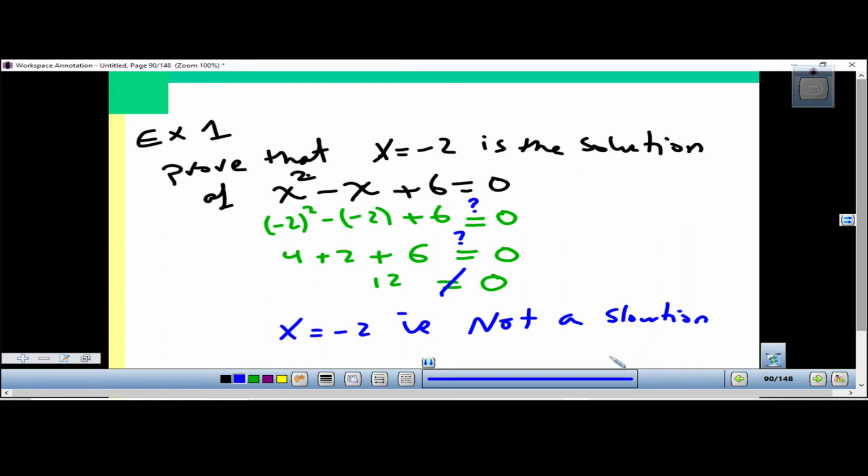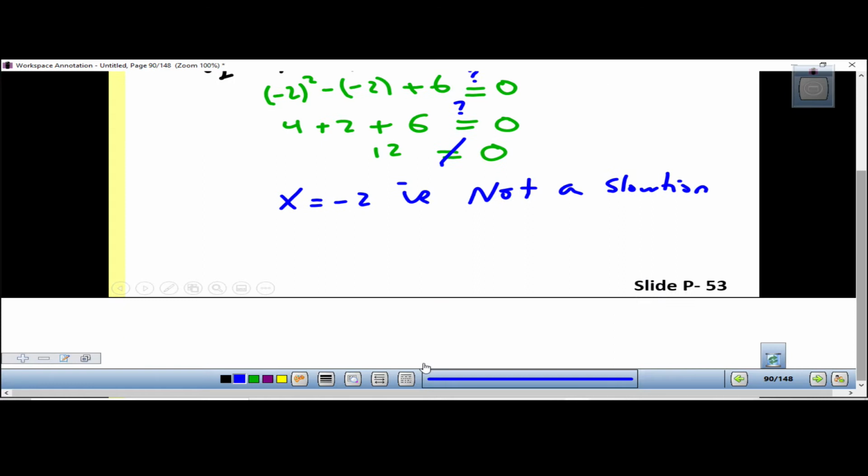Okay, now I want you to try this one here. I want to take this concept. We're still doing x equals -2. However, I'm going to tweak the function just a little bit. Just a different function. So for example, my function or equation is x cubed minus x plus 6 equals 0.